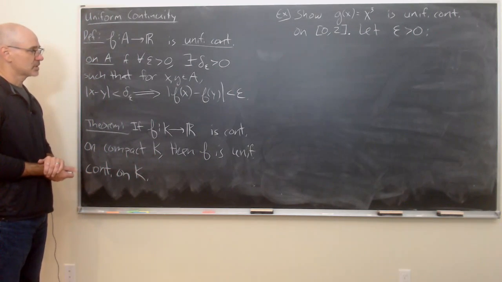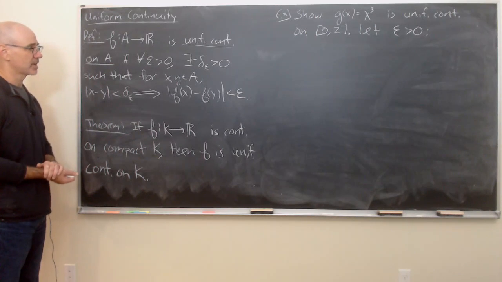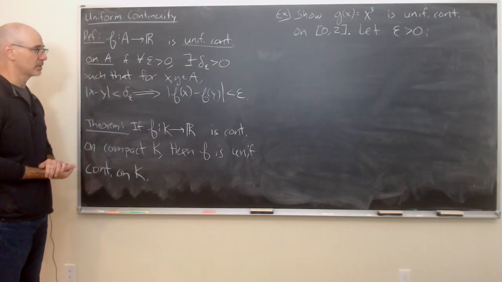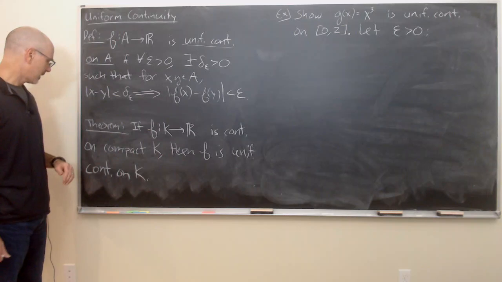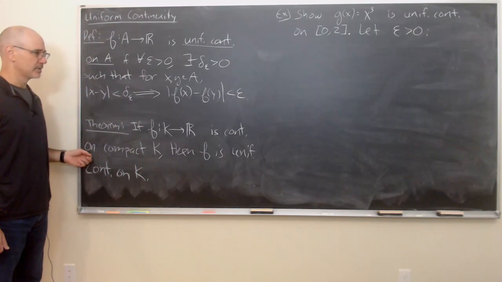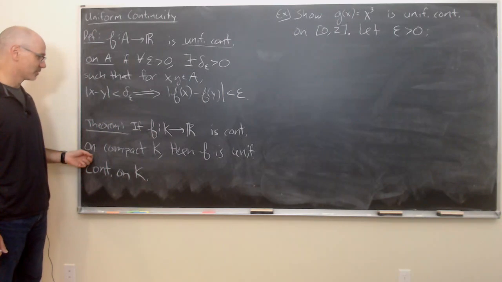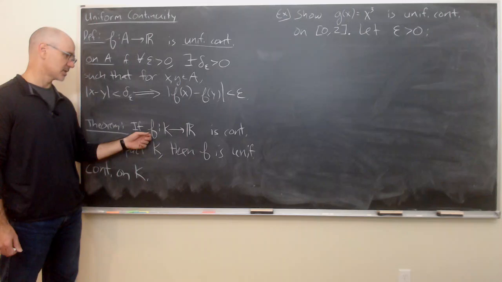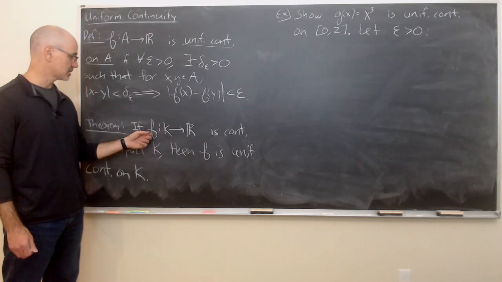Now we're going to use the definition to establish uniform continuity for one of our examples in just a moment. But this theorem is often the easiest way to establish uniform continuity, because all it requires is that you start with a function you know is continuous in our usual sense.